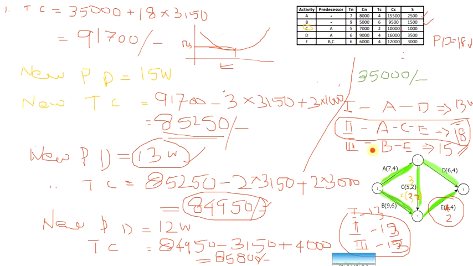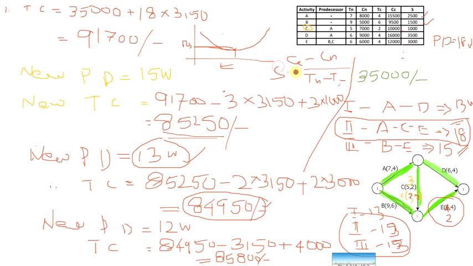Then we will find the project duration using the given normal activity times. Then we will find the cost slope or crash slope of each activity using the equation S equals Cc minus Cn divided by Tn minus Tc.